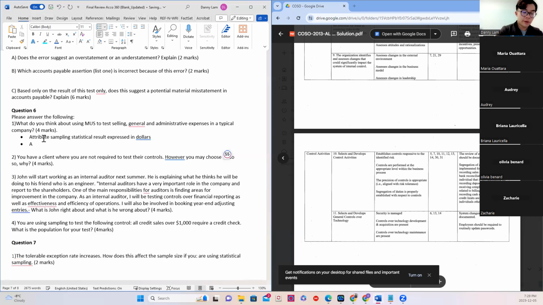So what's the definition of attribute sampling? So it's a method of sampling that results in an estimate of the proportion of items in a population of interest.